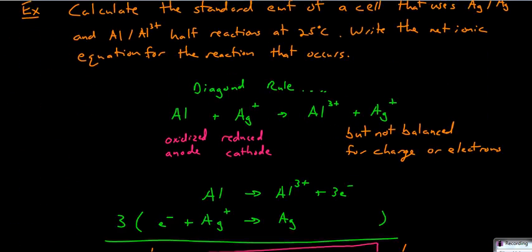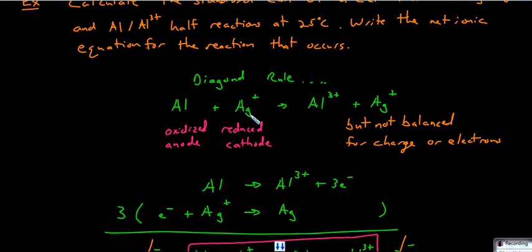We know aluminum is going to react with silver ion and give these things. We can now know what is going to be oxidized. Aluminum is reacting, and it turns into aluminum 3. It's oxidized. Aluminum will be at the anode, and silver 1 turns into silver 0, so it is reduced at the cathode. And so we could use these values.